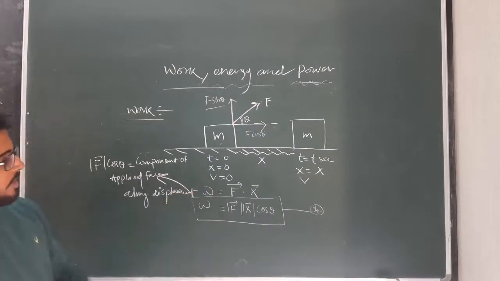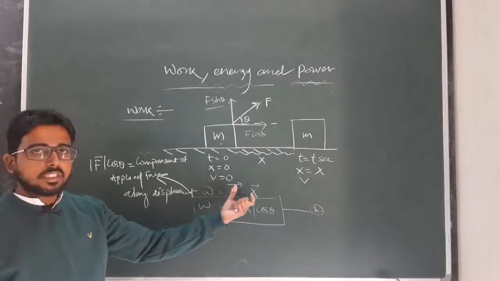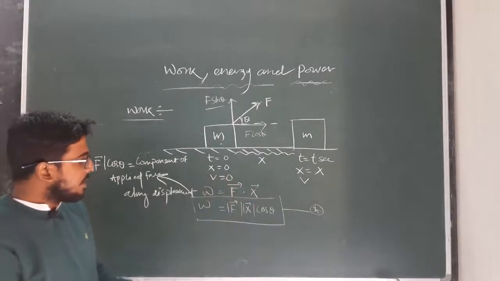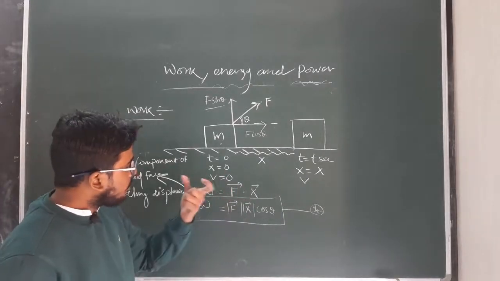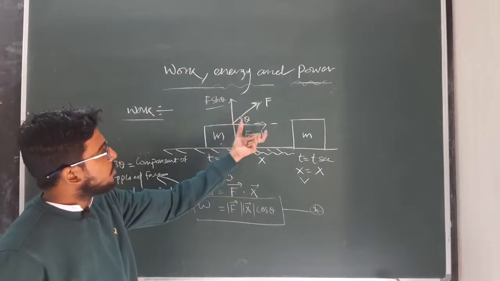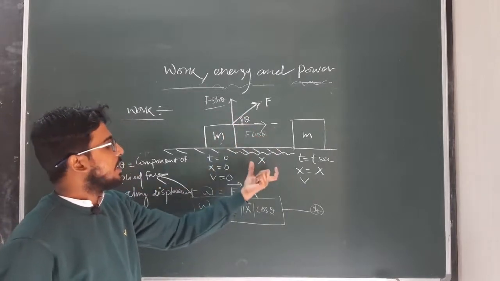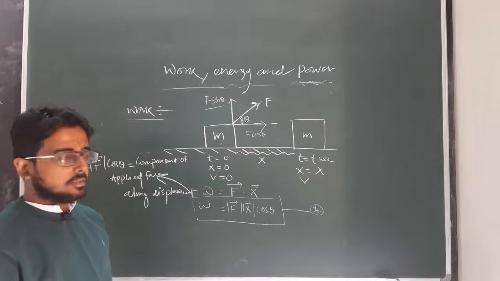So work done can be defined as the dot product of applied force and displacement, or also it can be defined as the product of the component of applied force along the direction of displacement and that of the magnitude of displacement. Clear?